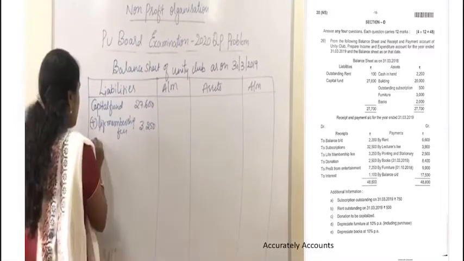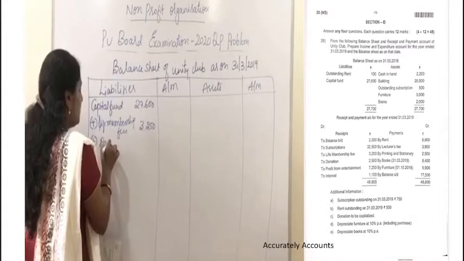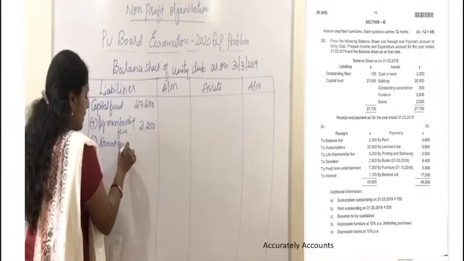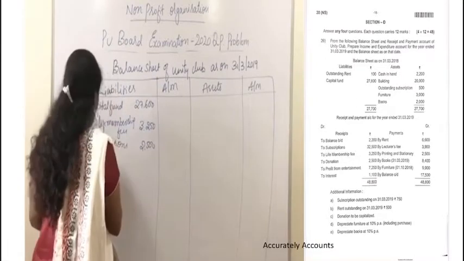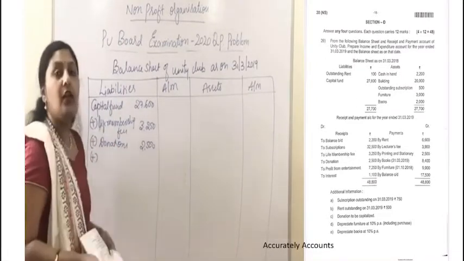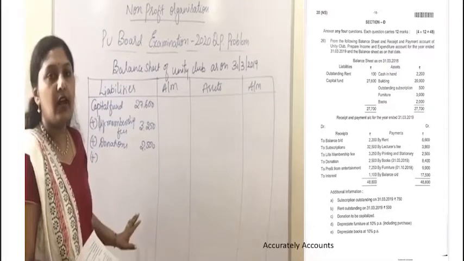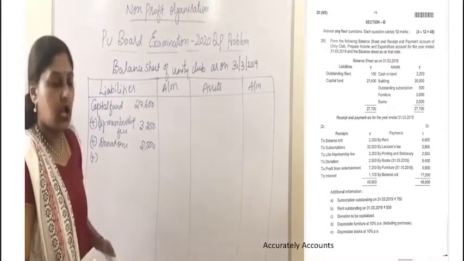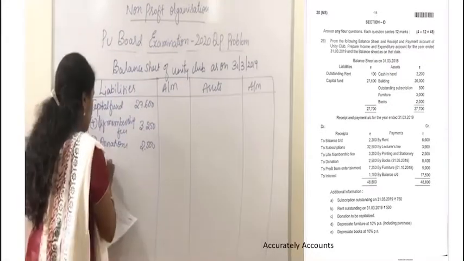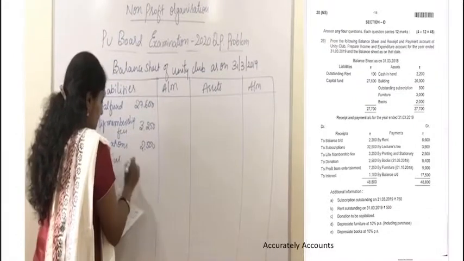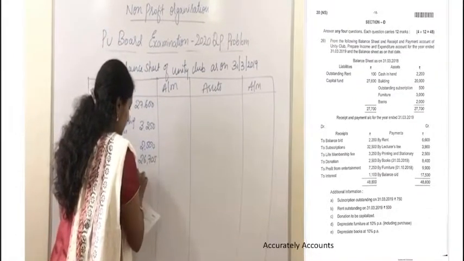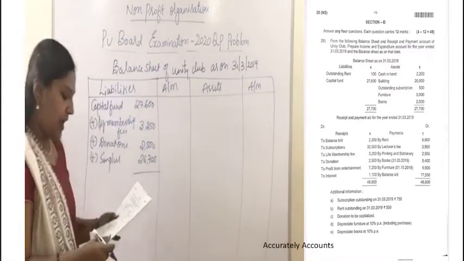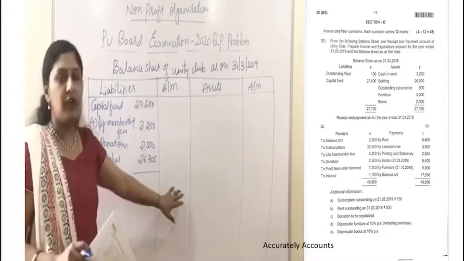So we need to write the donations here, and the value of donation in the given problem is 2,500, and we also need to add the surplus that we have calculated now in the income and expenditure account. The value of surplus is 26,705.